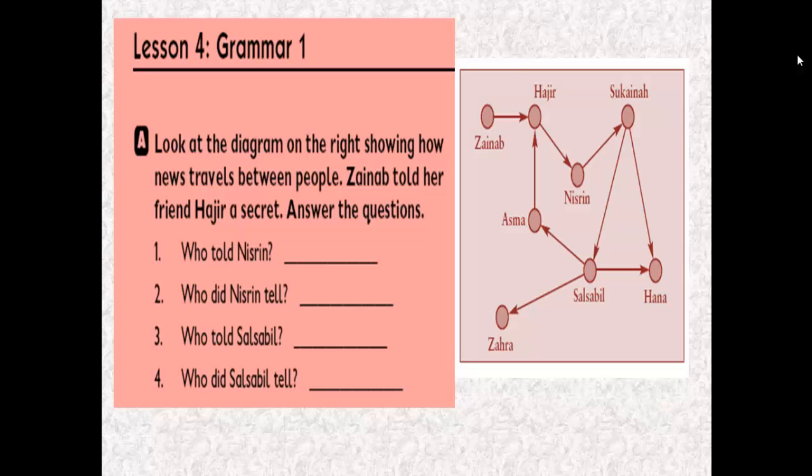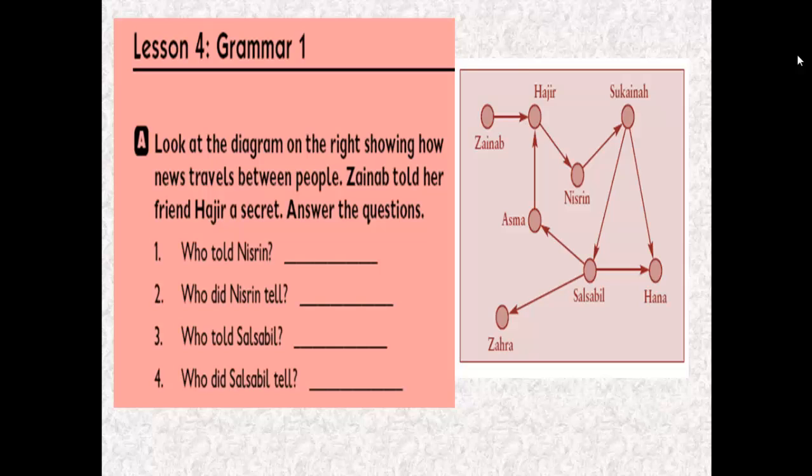Now let's do the exercises in workbook on page 6 and 7. Let's begin with exercise number A, on page number 6 in your workbook.